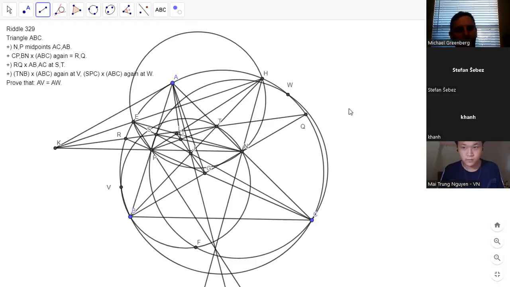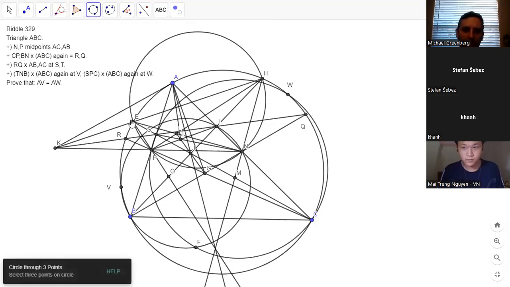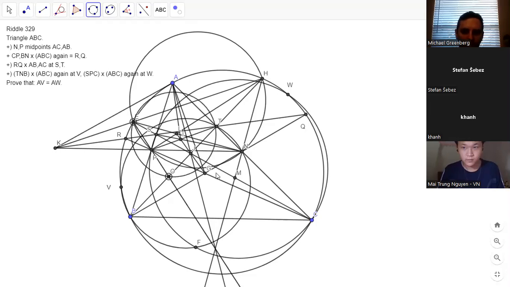So AI is this median. So if we draw these 2 points in, the problem is basically equivalent to showing EHOM is cyclic. But we have 2 other circles passing through E and H. So we wonder if that would help.